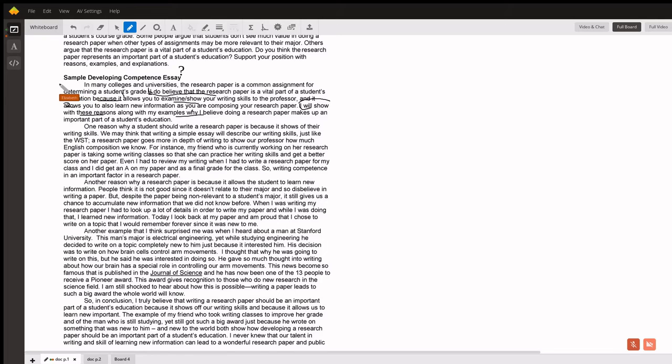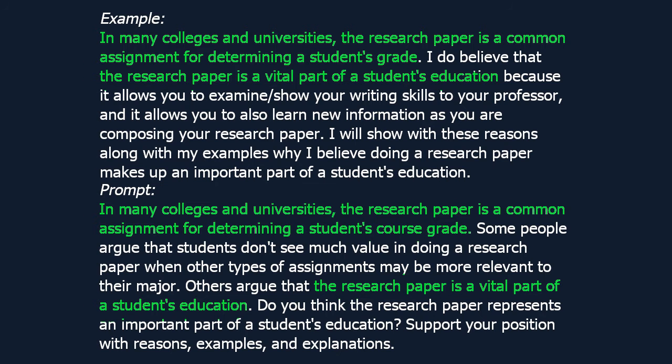This essay, they don't have a hook, right? They start with a fact, but it's not a very interesting fact. If you look at the first sentence in the prompt, they actually use the exact same sentence from the prompt to start their essay. Do you think that's a good idea? Just copy and paste, right?